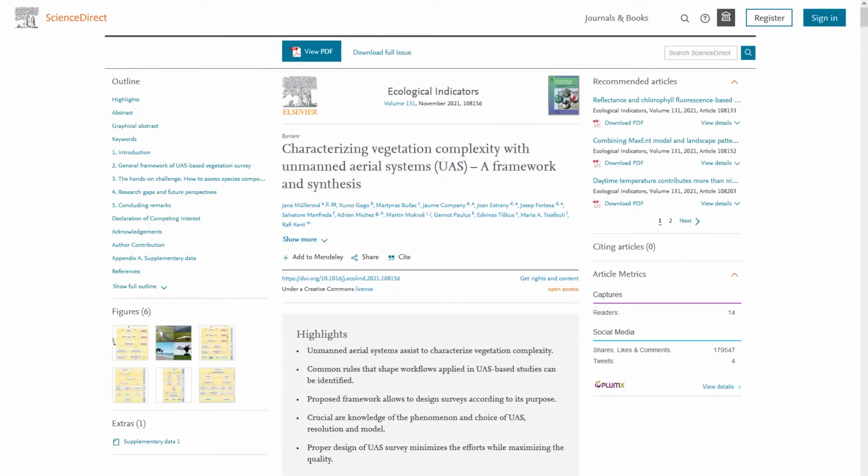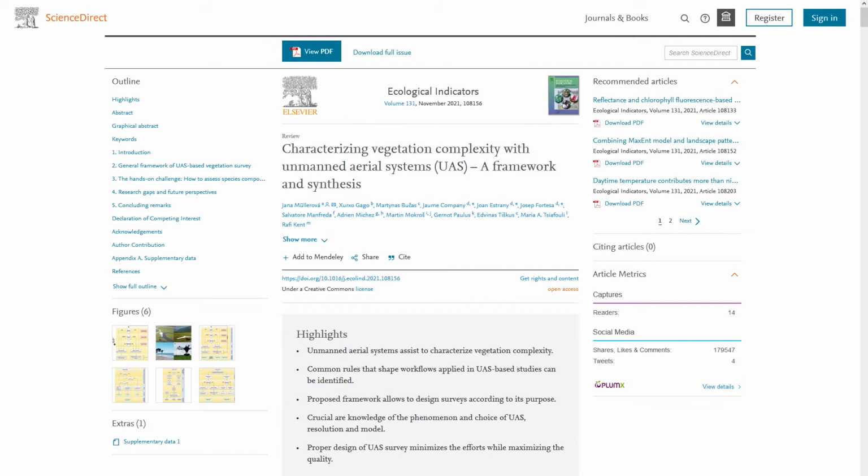Hello, today I would like to talk about our work on setting up a framework on vegetation complexity assessment using unmanned aerial systems. This work was recently published in Ecological Indicators. It's a joint effort of our vegetation group within the COST Action HARMONIOUS.